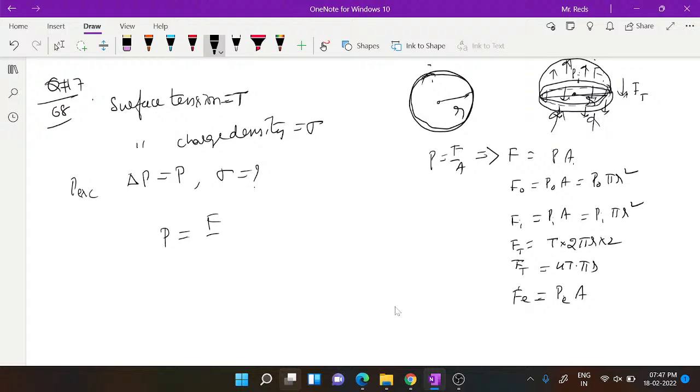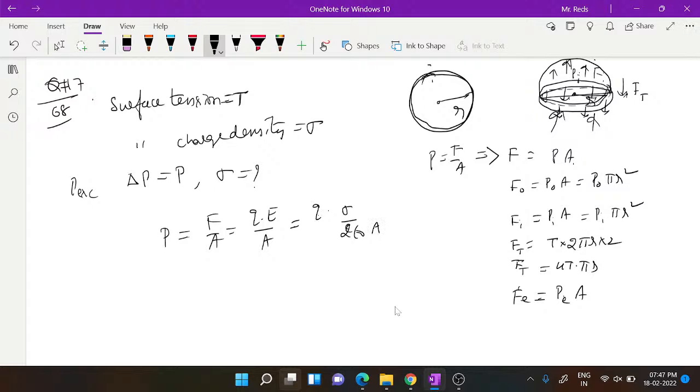Pressure is equal to force by area. Force in an electric field region can be taken as Q into E by area. But the electrostatic field due to a surface charge distribution is sigma by epsilon naught.